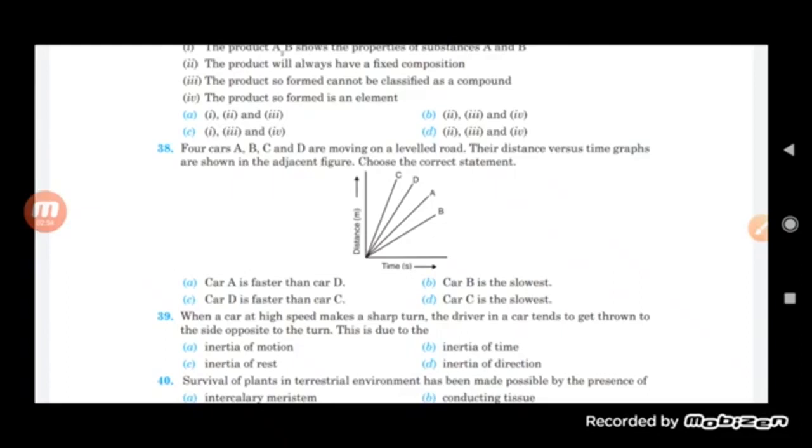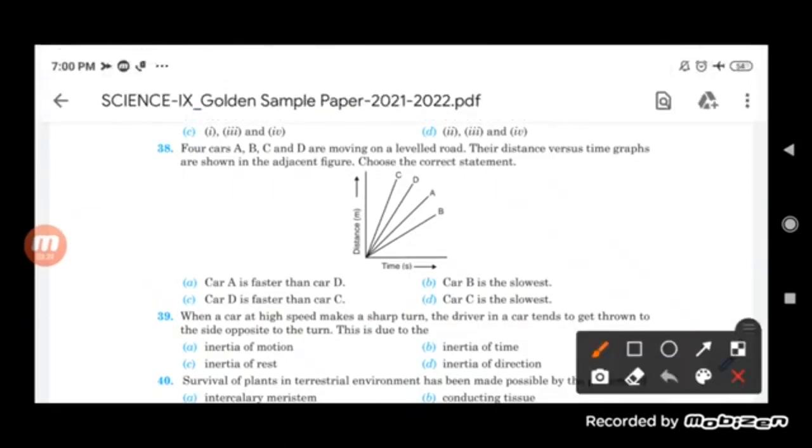Basically car A is faster than car D, car D is faster than car C, and car B is the slowest one. So the correct option will be B, that is, car B is the slowest one.